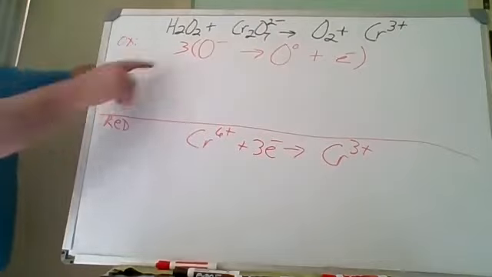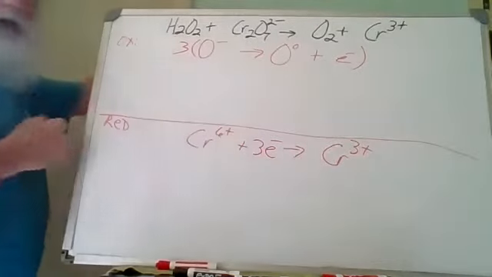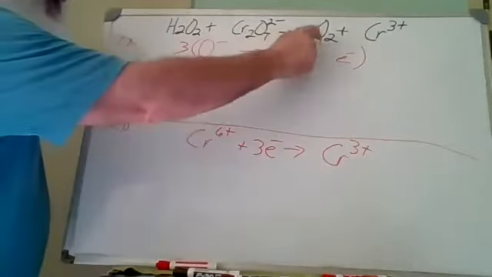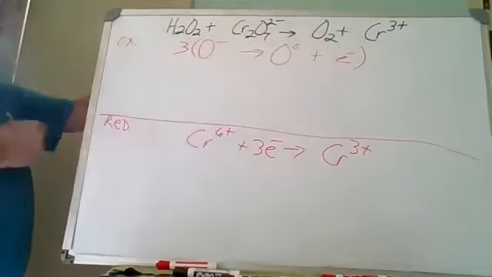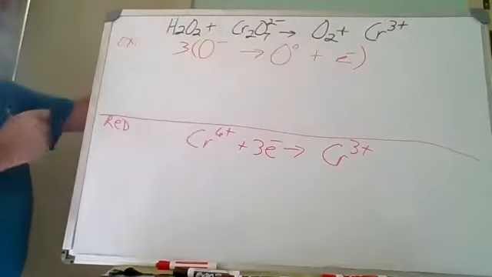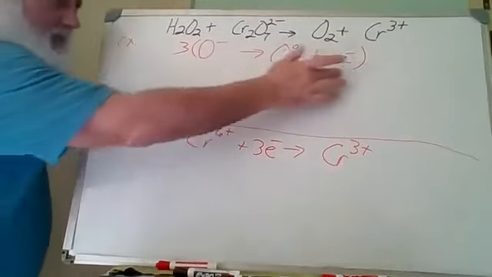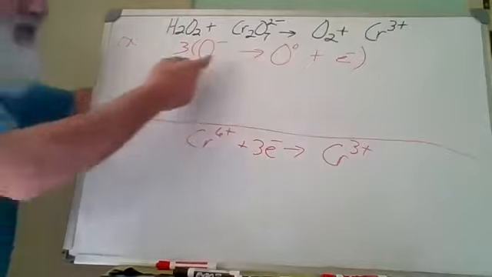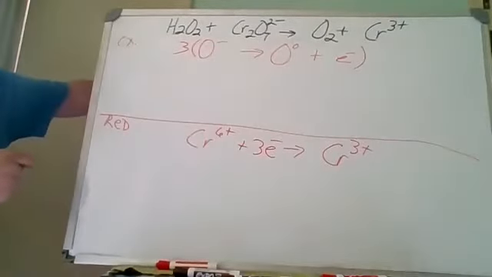Here I have an odd number of electrons being oxidized, but I'm going to end up with an even number of oxidized oxygens. So I have to have an even number of oxygens in my oxidation half reaction.